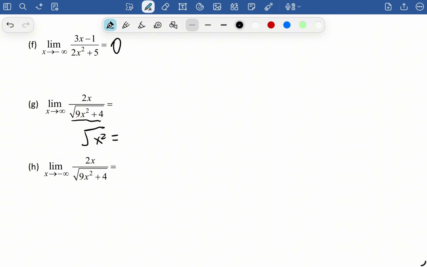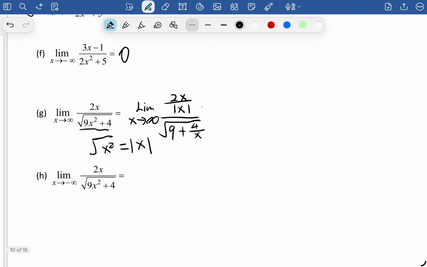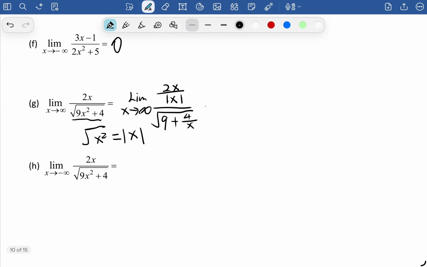And we know the square root of x squared is the absolute value of x, right? So the whole thing can be simplified as the limit as x approaches infinity of 2x divided by the absolute value of x, over the square root of 9 plus 4 divided by x, because it's inside of the square root. We just plug x equals infinity in.